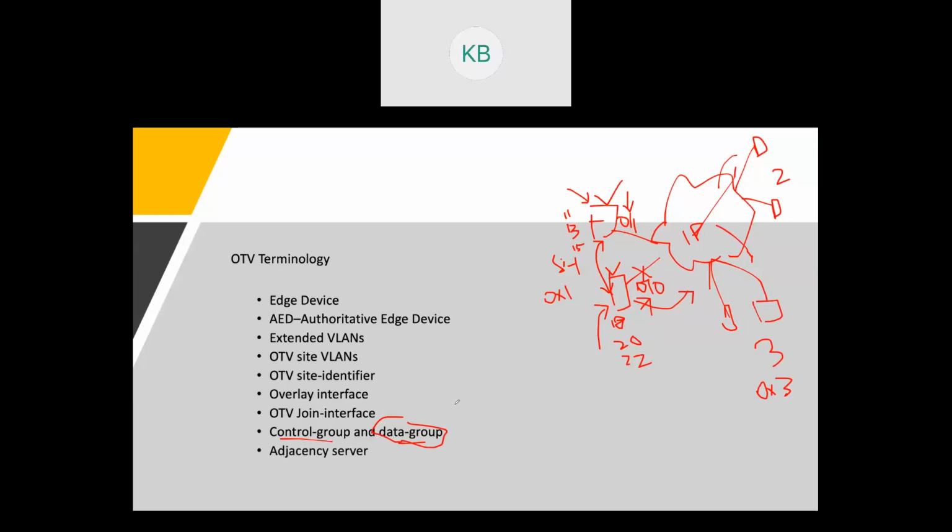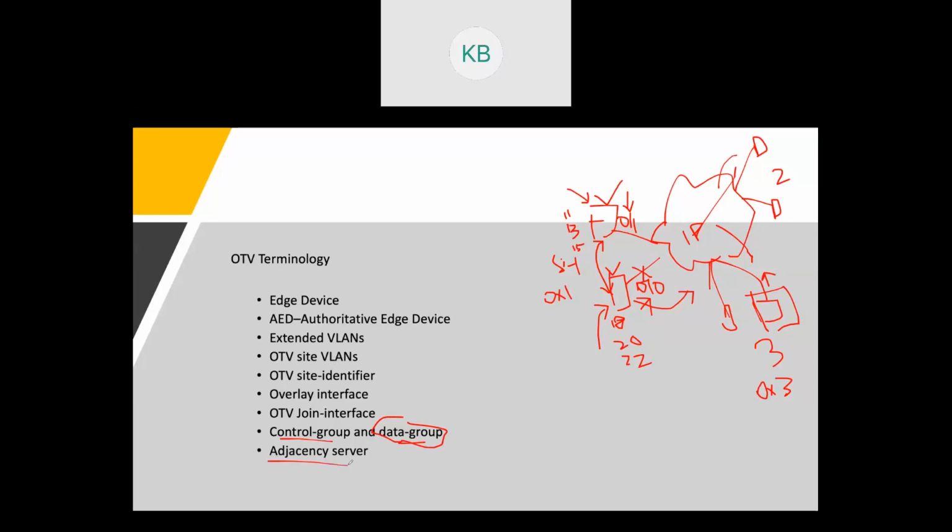Adjacency server. Now, in the unicast mode of operation, we cannot use the multicast control group and data group. In that case, what we do is, one of these nodes in any of the sites, we can configure as the adjacency server, and the join interface IP address of that particular node, we configure on all the other site devices as the adjacency server.